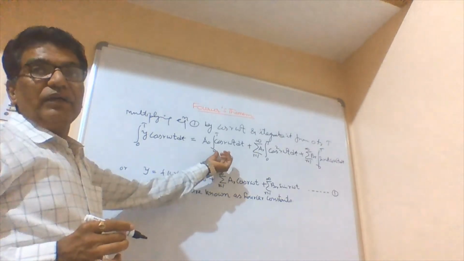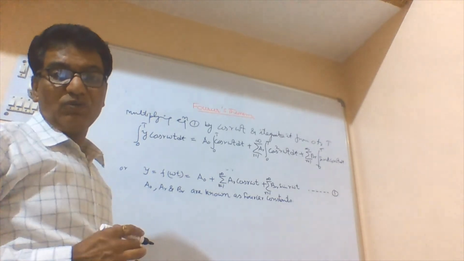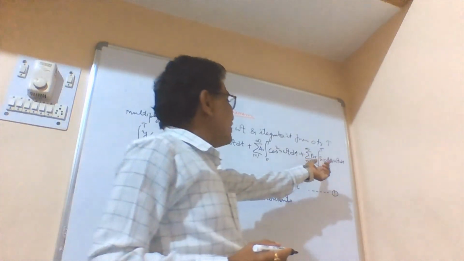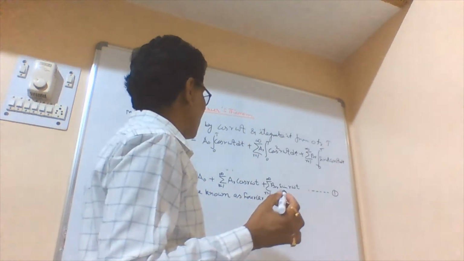As usual, integral 0 to T of cos rωt dt, its value is 0, and br times integral 0 to T of sin rωt cos rωt is also 0.